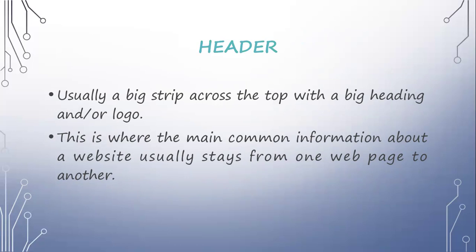Now this is where the main common information about the website usually stays from one web page to another. So the header is simply where you can obtain the common information about the website that you're trying to create with various pages, and it stays there from one page to another.